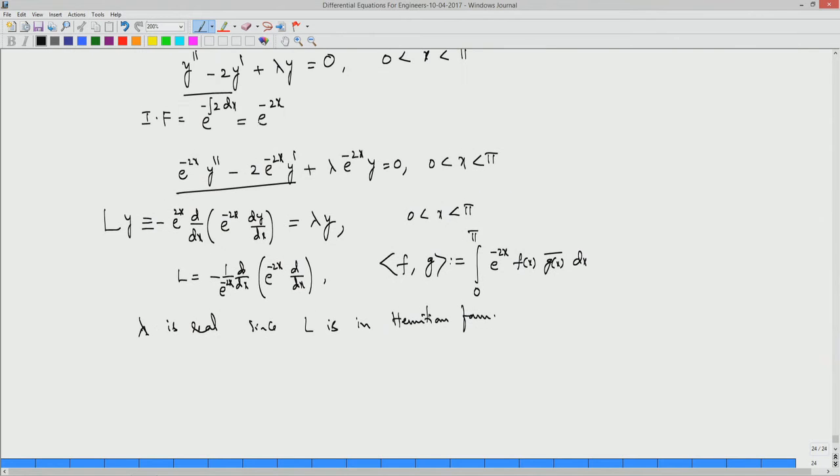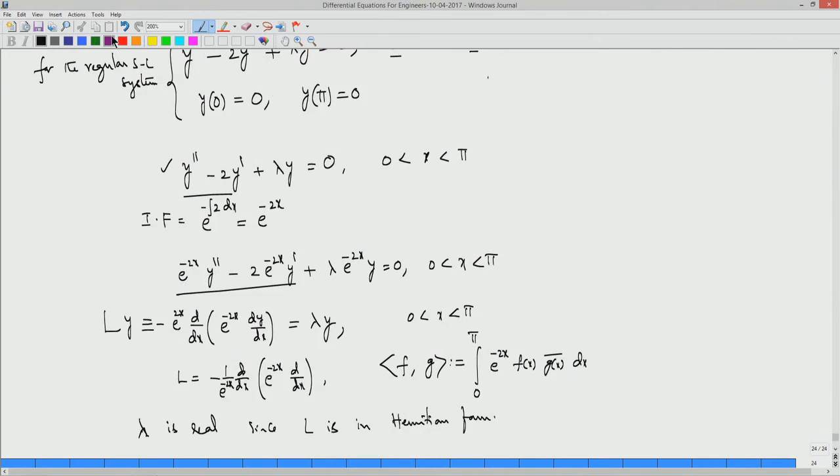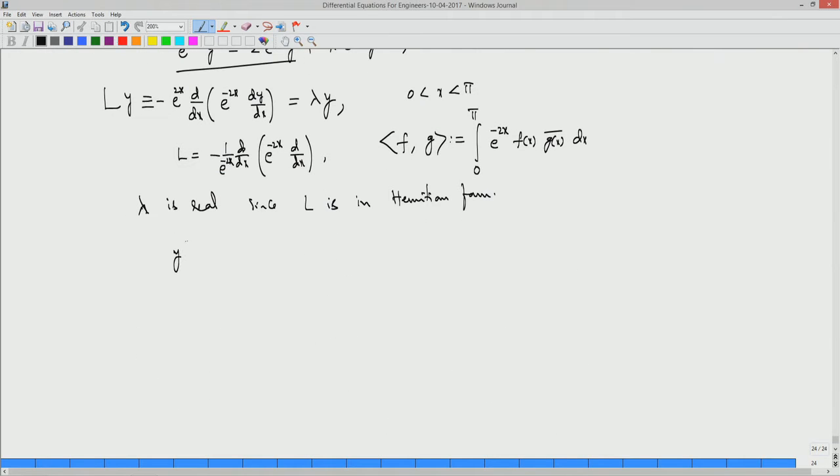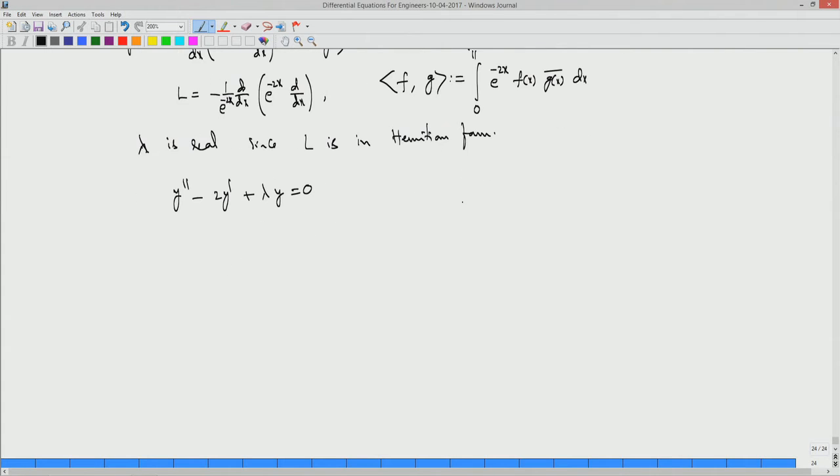So, first consider the general solution of the given equation, that is y double dash minus 2y dash plus lambda y equal to 0. This is a linear equation with constant coefficients. You can look for solutions in the form e power kx.